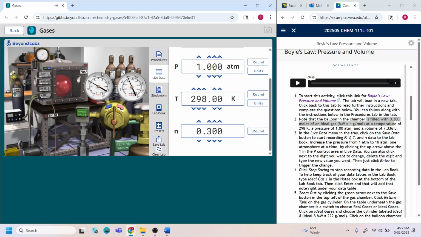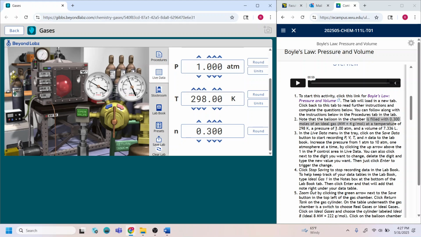Normally, I assume that when you open this lab, it's going to be directly ideal gas number 1. But if it is not, then this is how you do it. In there, the number of moles is 0.3. This means that the balloon is filled with 0.3 moles of the gas.